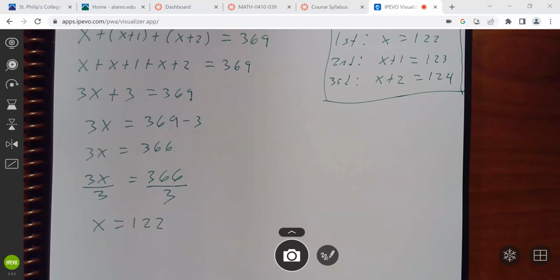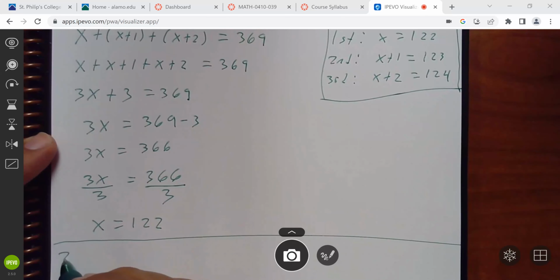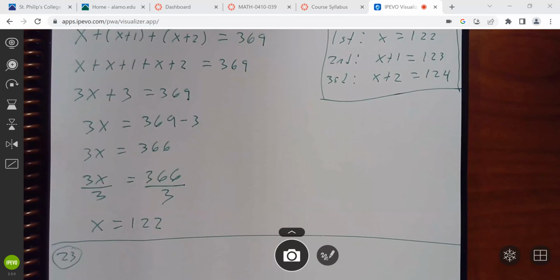What does it mean to be even? It's divisible by 2, so odd would be not divisible by 2. Sum of two consecutive odd integers. Negative 2, 2, 4.